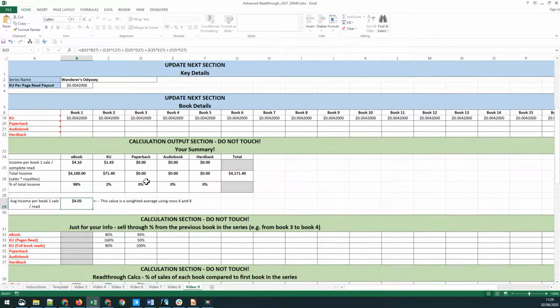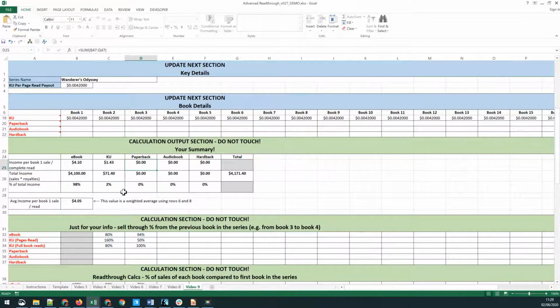And as I said, if you had paperback, an audiobook and hardback, you would have all of those in here, and they would all be being taken into account at this point. And you can read off the income per sale for each. So if you wanted to just do a focus on advertising for paperbacks, well, you've got the ability to see how much you get back per book one sale for that.